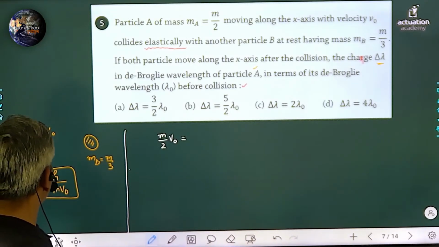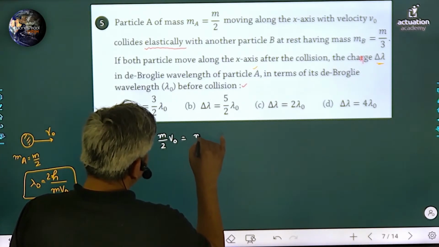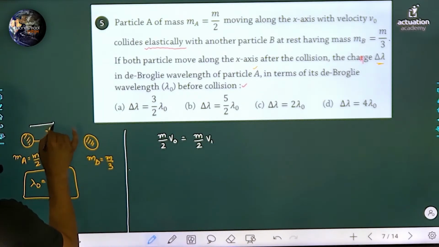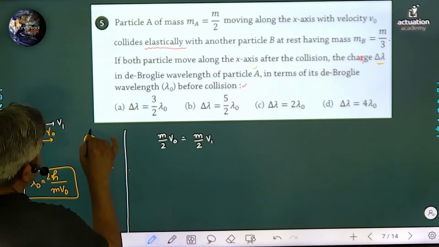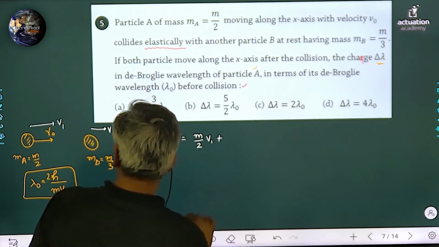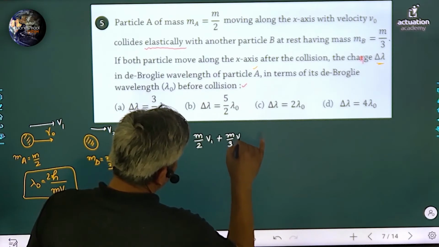Let's say the velocity after collision is v1 and this is v2, so m by 2 v1 plus m by 3 v2.